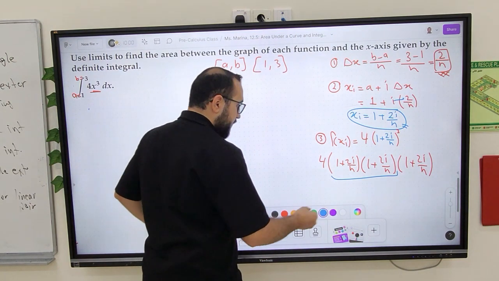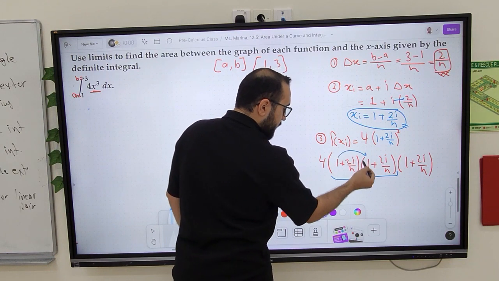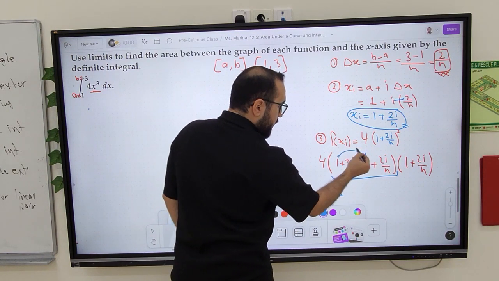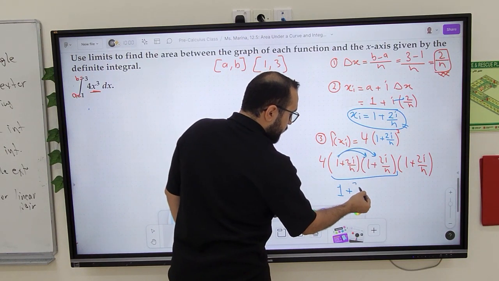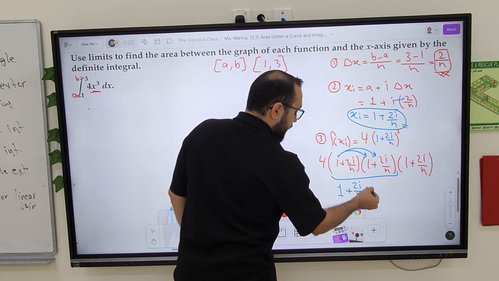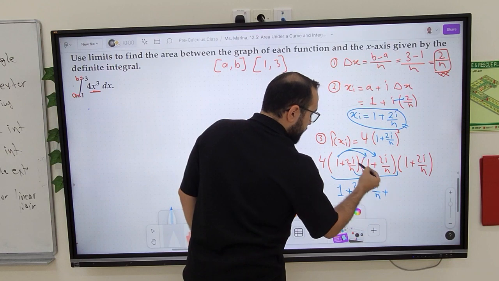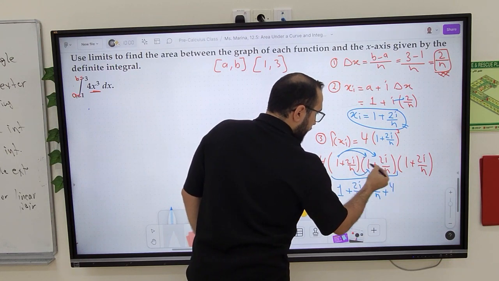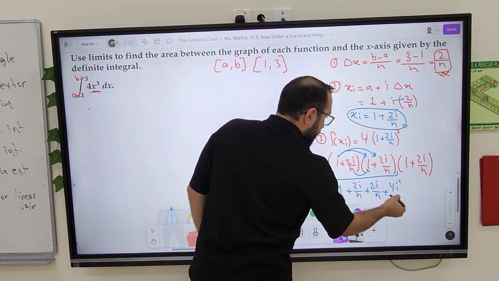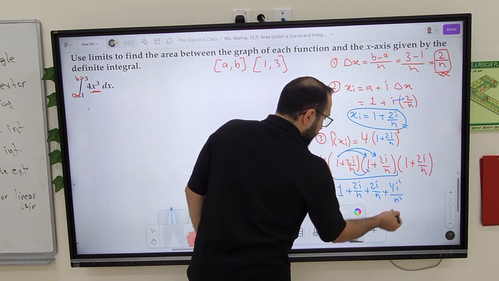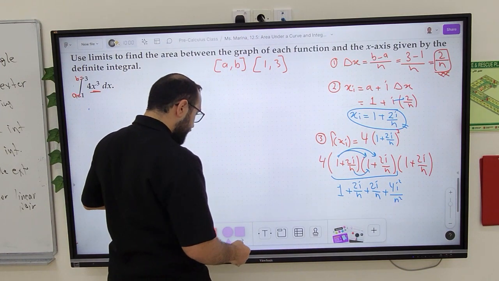Now let's simplify the first bracket. 1 times 1 is equal to 1. 1 times 2i over n, plus 2i over n, plus 2 times 2, 4, i times i, i squared, n times n, n squared. Now add the like terms.